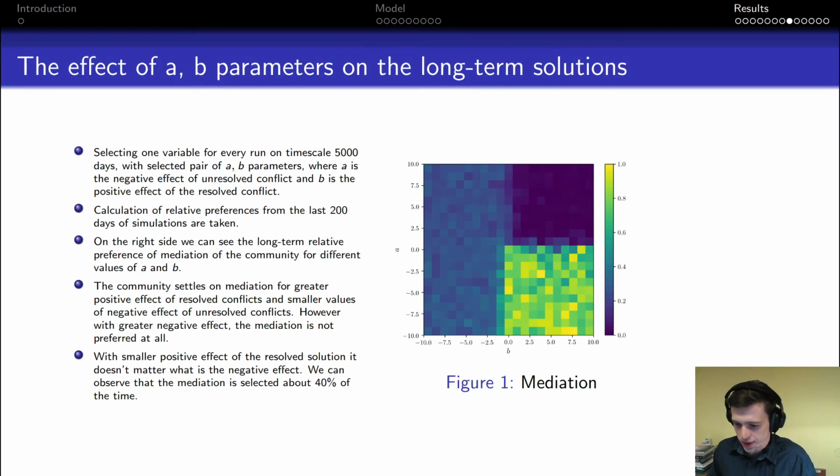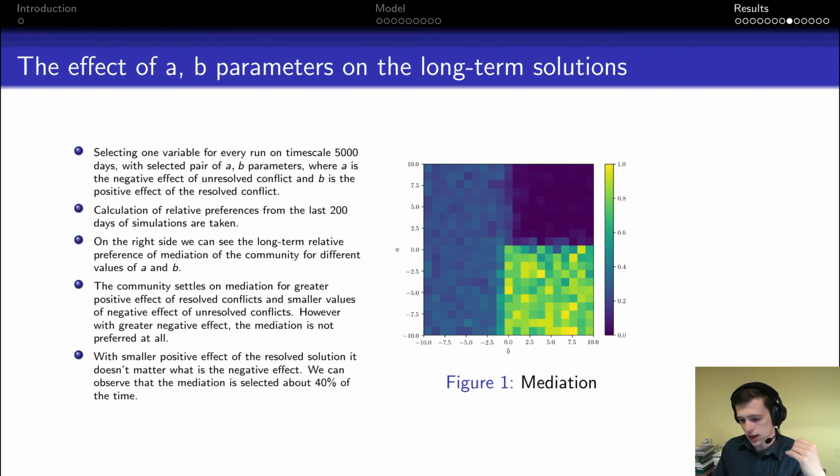We were interested how tuning the parameters A and B will result in the long-term solution in the community. We can see on the right side that if the positive effect of the solution is bigger and the negative effect is smaller, the mediation is the long-term solution.